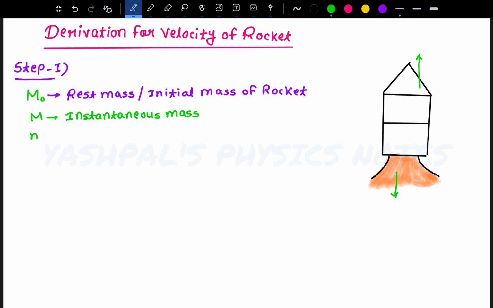Next, let small m be the mass of exiting exhausted burned hot gases, which I have shown in the figure with orange shade, burned hot gases per second.